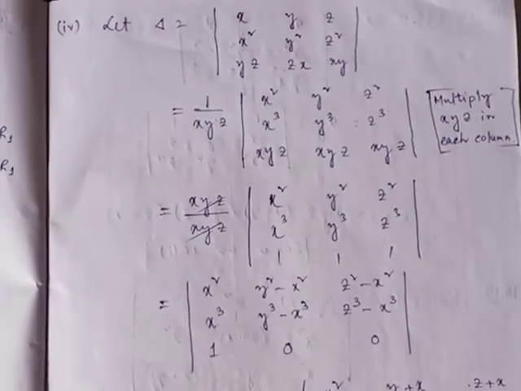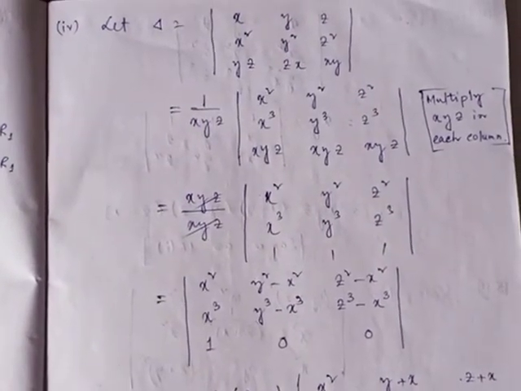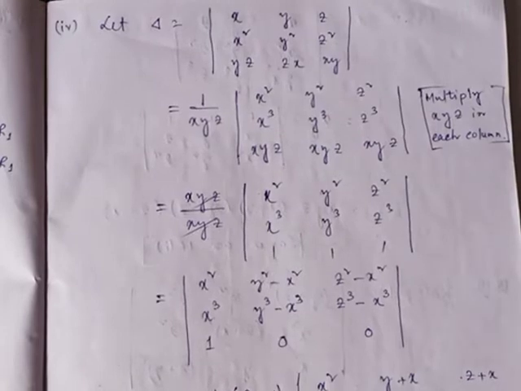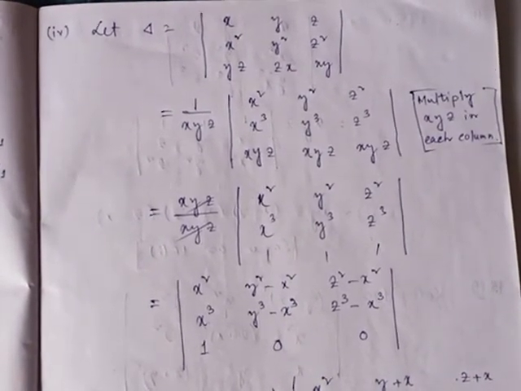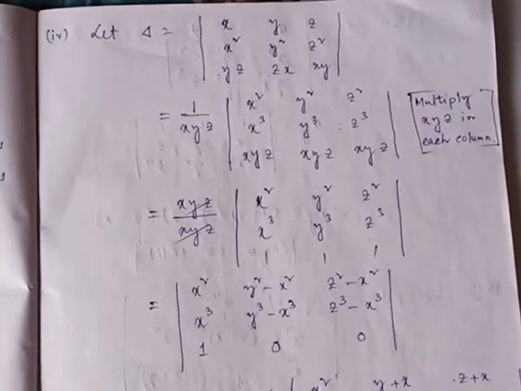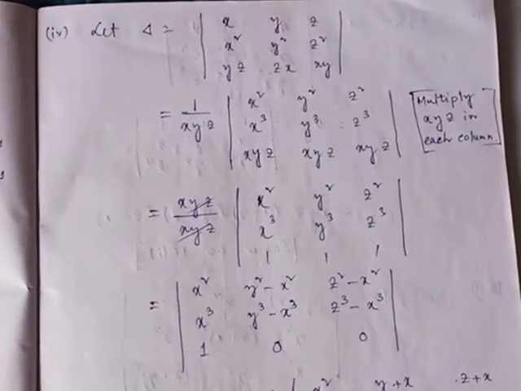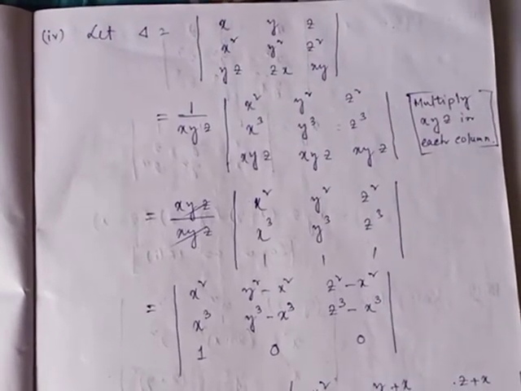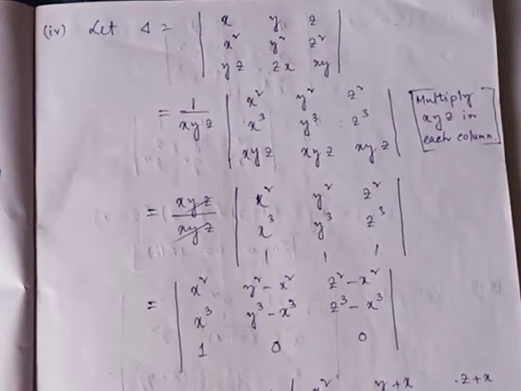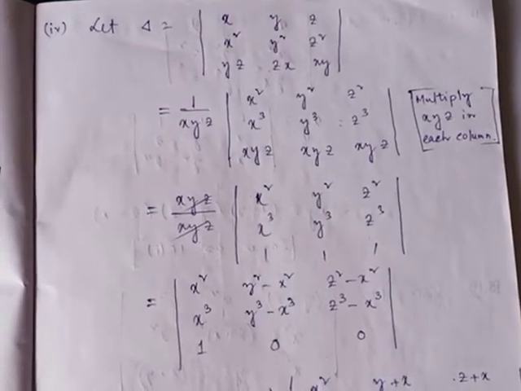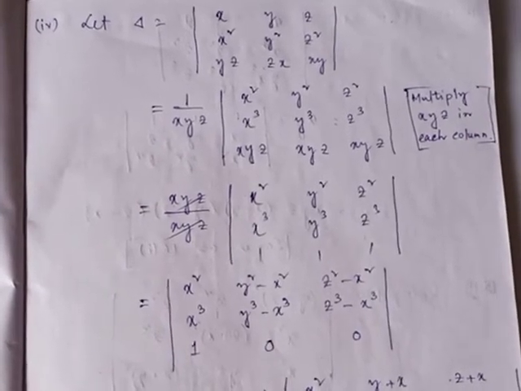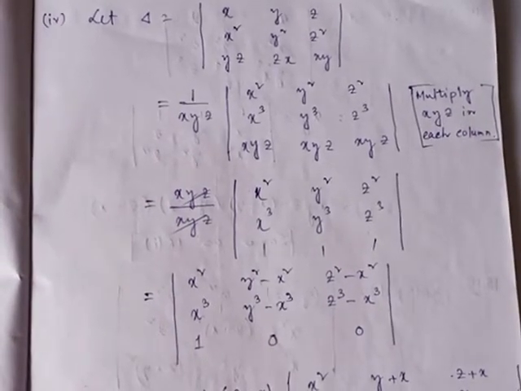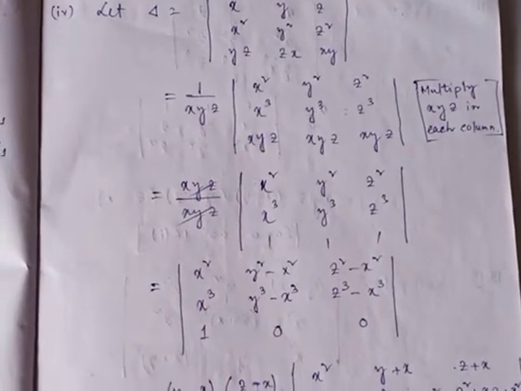In 16.4, see that delta equals to given x square y, x square yz, y square zx and z square xy. Now taking multiply xyz in each column, then we write 1 by xyz, that means x square, y square, z square, x cube, y cube, z cube, row wise I am telling, xyz, xyz, xyz.